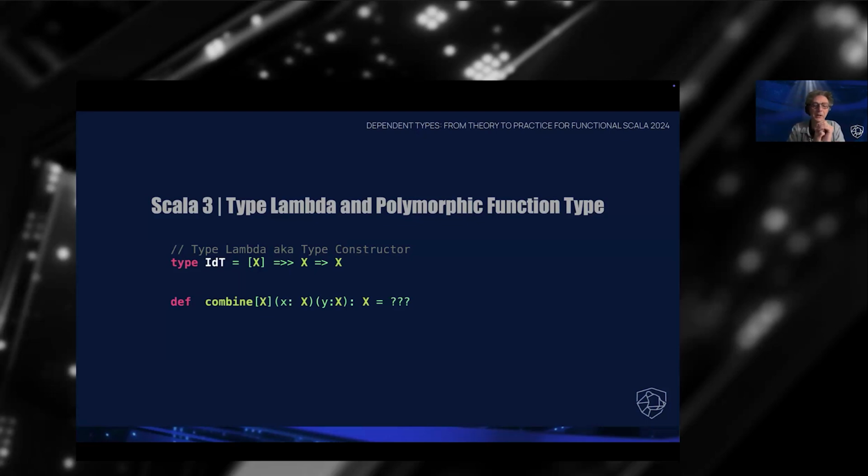But this combine can also be rewritten thanks to the polymorphic function type, with the square brackets, the operation and the arrow. This is also called big lambda, in order to do the comparison: the lambda and the big lambda, in order to capture a type, while lambda captures an expression thanks to a variable.